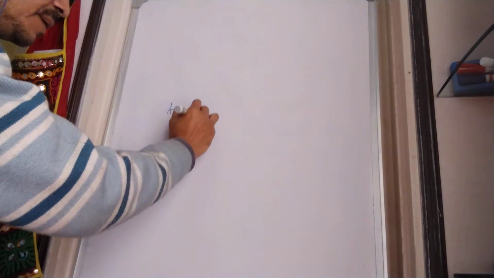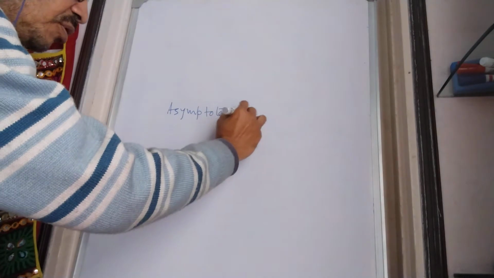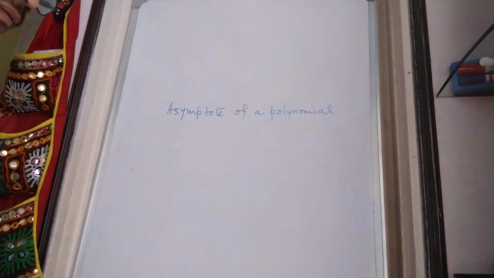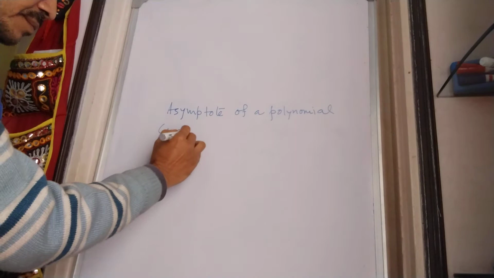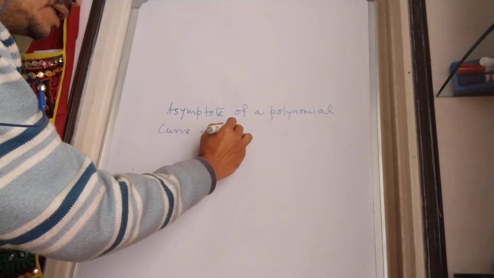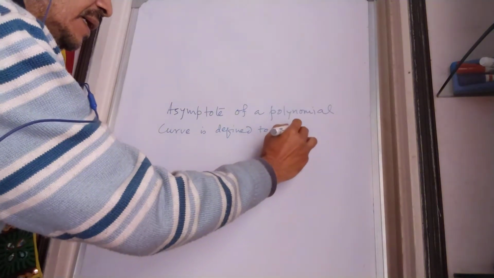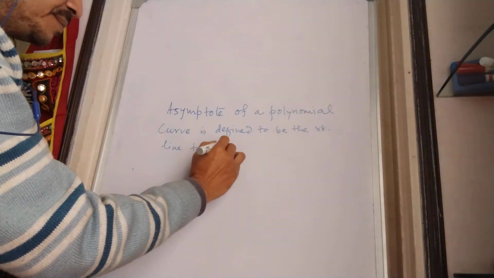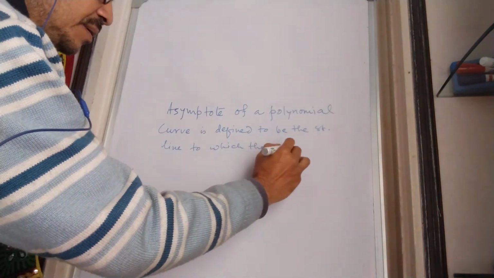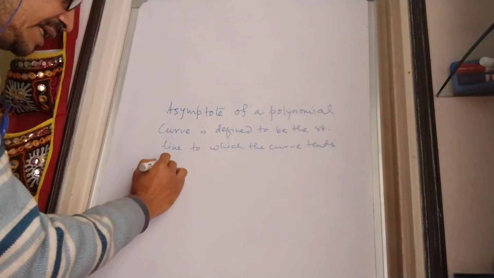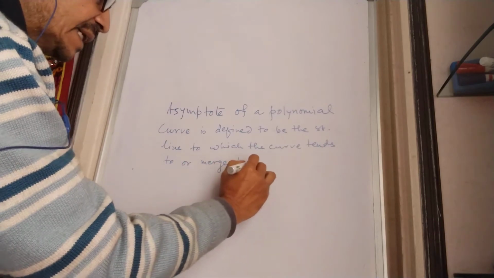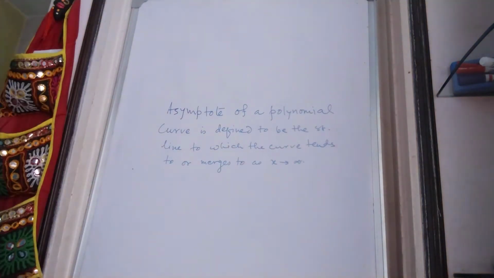An asymptote of a polynomial curve is defined to be the straight line to which the curve tends to, or merges to, as x tends to infinity.